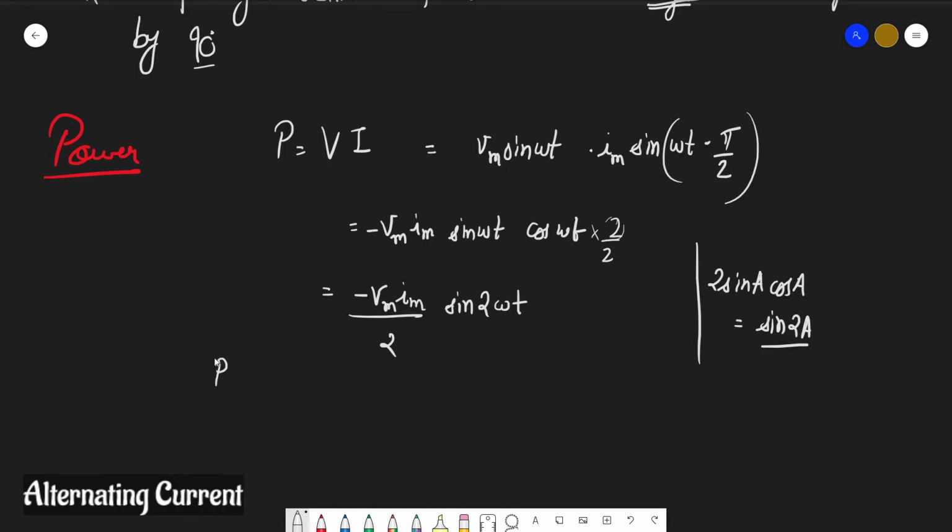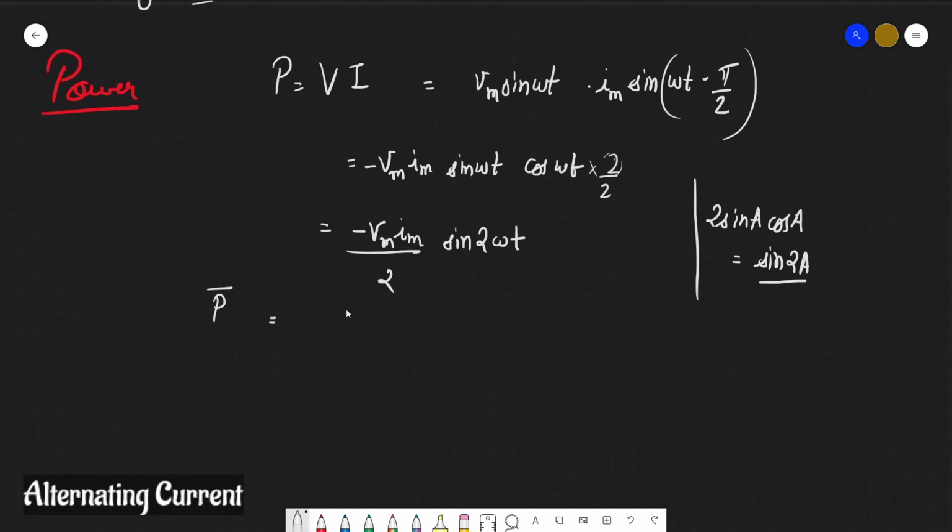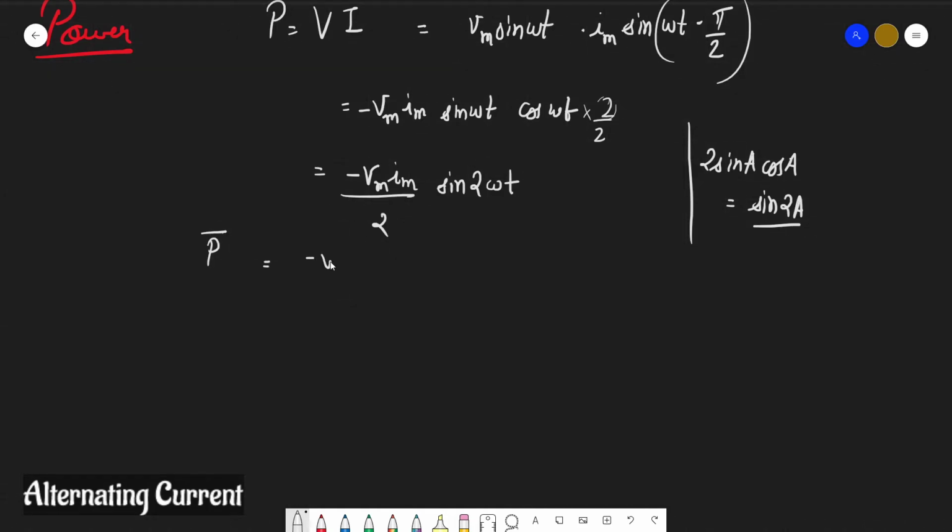So now if I need to find the average of this, ultimately the average will be what? Minus Vm Im by 2 times the average of this. Clearly, for a sinusoidal wave, the average value will be 0. Hence, the average power in this inductive circuit will be 0.